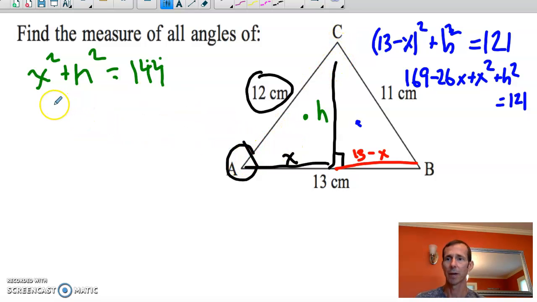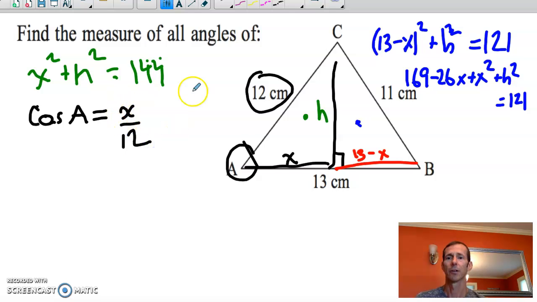But if I want to do it from A, I now know that the cosine of A is equal to adjacent over hypotenuse. So that equals x over 12. And if I knew what x was, then I could calculate this.